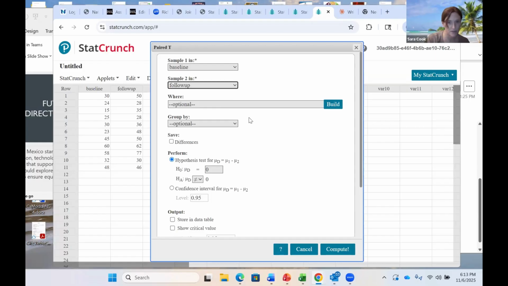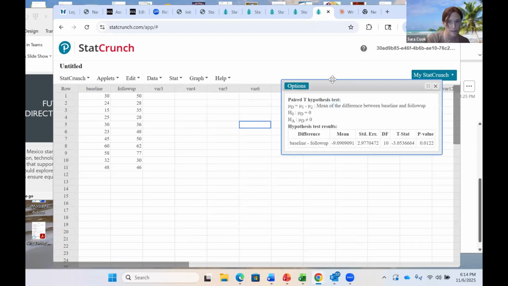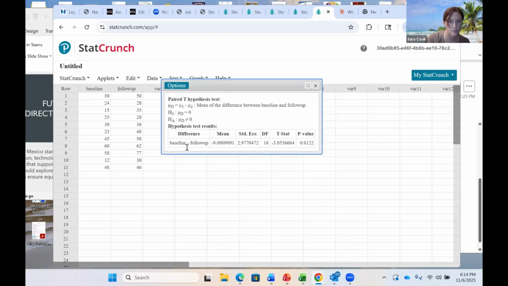But I'm going to run a paired t-test here. And once again, we have two different things we can do within the same procedure: a t-test and a confidence interval. I'm going to go ahead and do the t-test. Okay, so it's baseline minus follow-up. This can be a little tricky if you think, oh, they actually went down by 9 points.